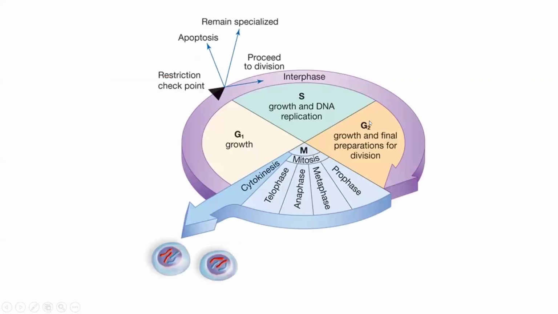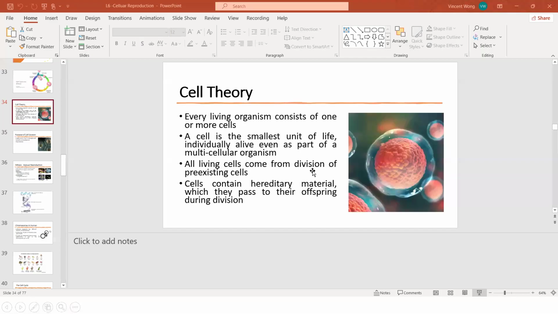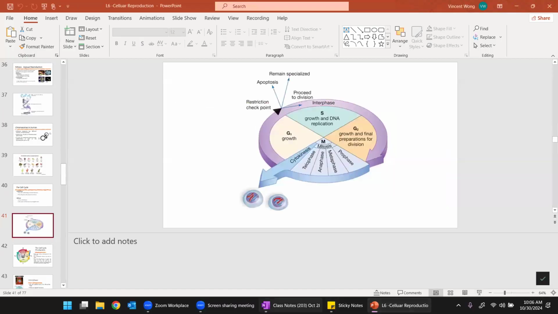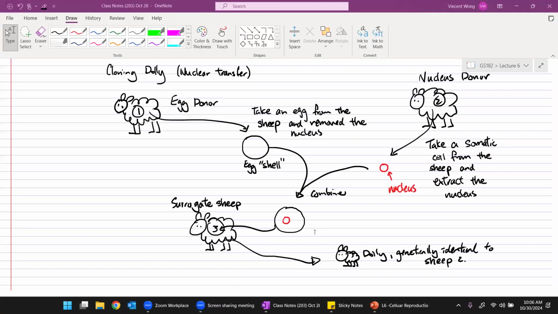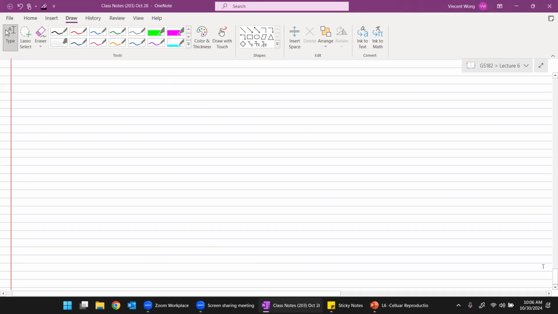So this is the cell cycle broken down in more detail. I was going to copy this over, but you know what? Let's just draw it from scratch, and it will be the last thing we do. Okay, and I'll send you home. Cell cycle.